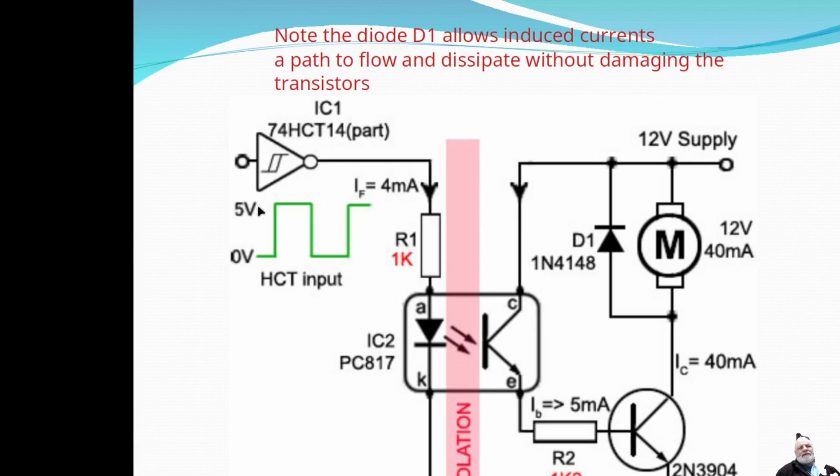So our maximum is 5 volts, and then I have a 1K resistor here, and I'm running this into my optocoupler switch through the diode.